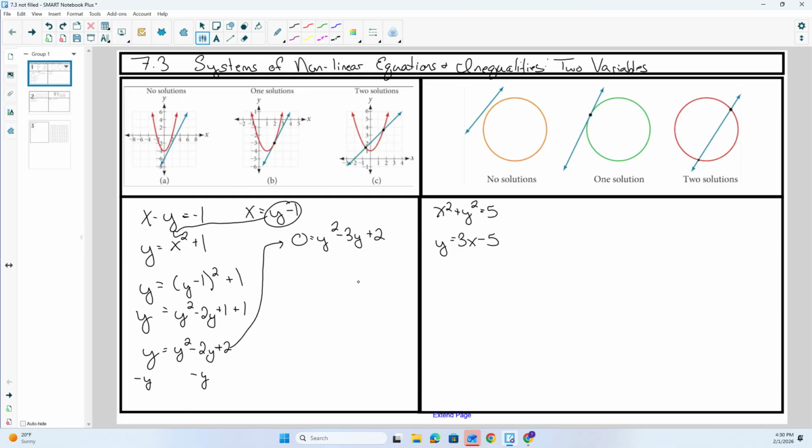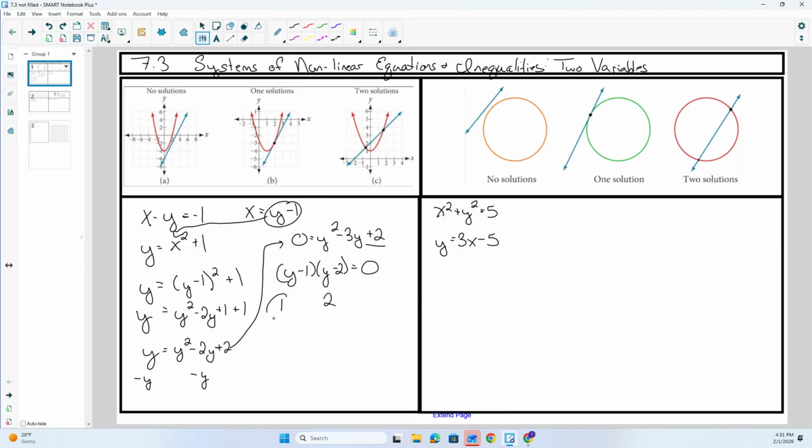Now we need to factor. And we say, what are our factors of 2 that when I add them together give me negative 3? Well, that's going to be y minus 1 and y minus 2. So we're going to have two solutions where y is 1 and y is 2.